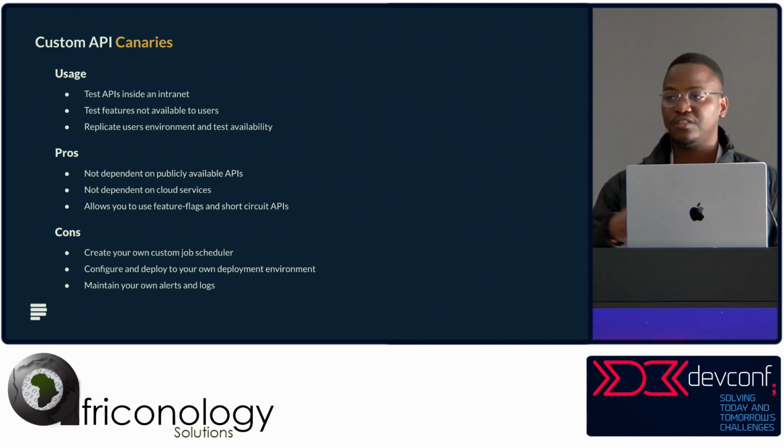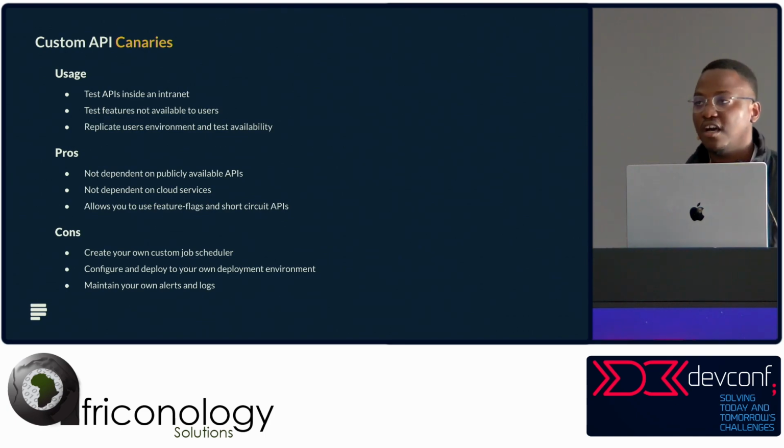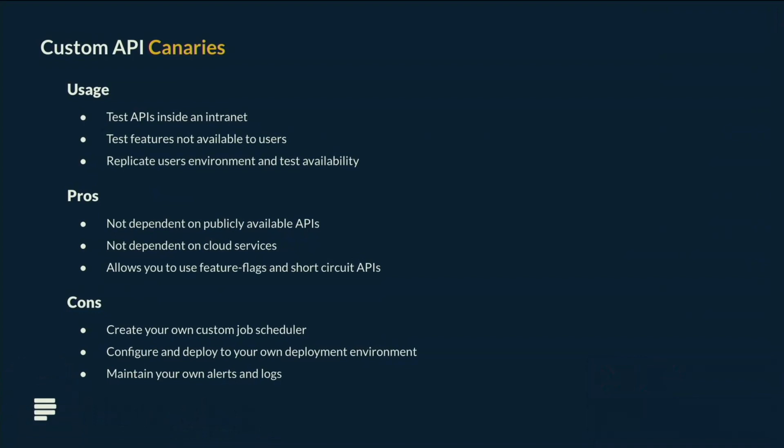So in comparison to cloud solutions, where you test in an environment that is stable and all of that, with custom canaries, you can actually test in an environment that you design yourself.